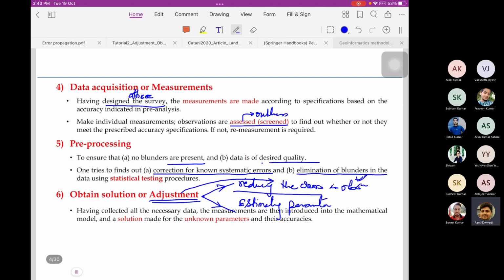Although it is not possible to remove all those errors, that's why I have chosen the word reducing, because you are reducing those errors so that a unique solution could be achieved in the case of adjustment. Are you getting it? Is it okay now?